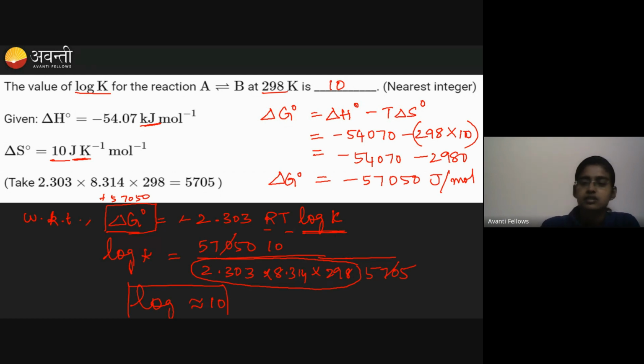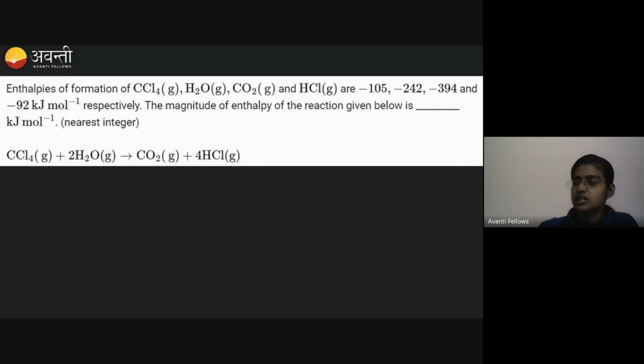Okay. So coming to the last question for this session, enthalpies of formation of CCl4, H2O, carbon dioxide and HCl are given. The magnitude of enthalpy of the reaction given below is asked. Such a straightforward question, right? Enthalpy of formation, delta HF naught, is given. We have to find out the enthalpy of reaction, that is delta H R naught.